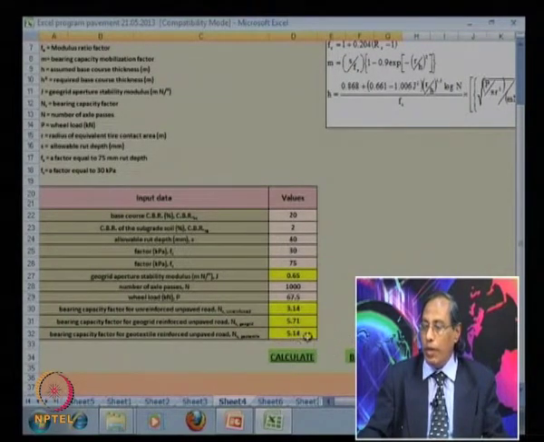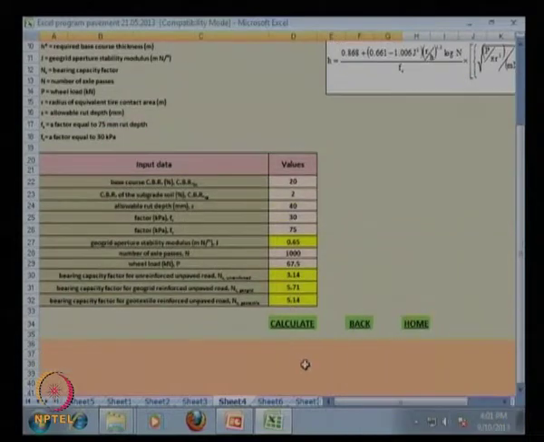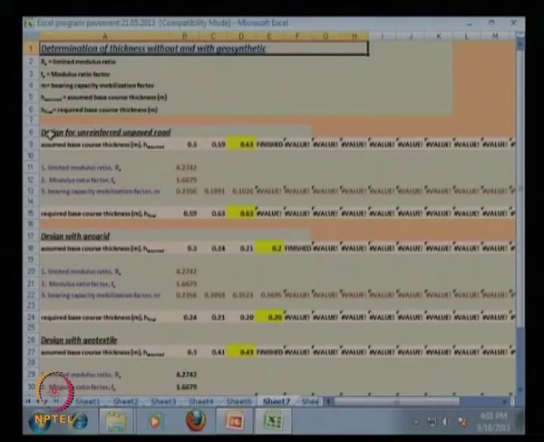that is 5.14. So then we can now calculate, and here you can see the determination of thickness without and with geosynthetic material. This program has been developed, and you can see how by iteration the minimized value has come. After that you can almost finish here.